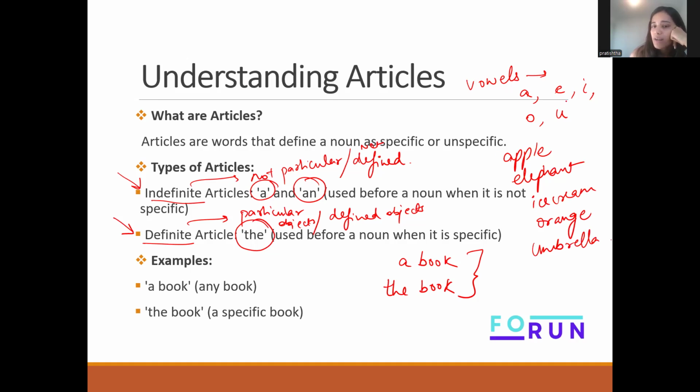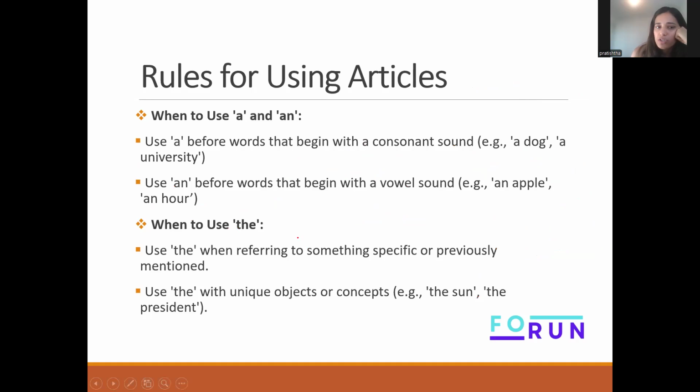When a word starts with a vowel, we cannot use A in front of it if it is not defined. Now we are talking about a random apple, right? So we have to use an apple and not a apple. An elephant, an ice cream, an orange, an umbrella, right? There are, of course, a few exceptions, but right now it's just important to understand the basics that we will use an in front of anything that begins with vowel, right? So that is pretty much it.